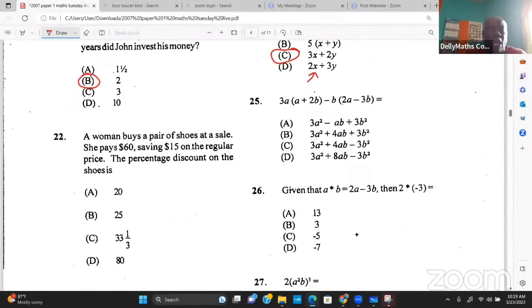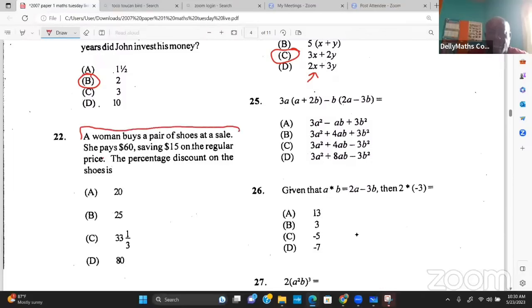Next question says, a woman buys a pair of shoes at a sale. She pays $60, saving $15 on the regular price. So she saved $15 on the regular price. The percentage discount of the shoes is what? So take a look at this. Read it.